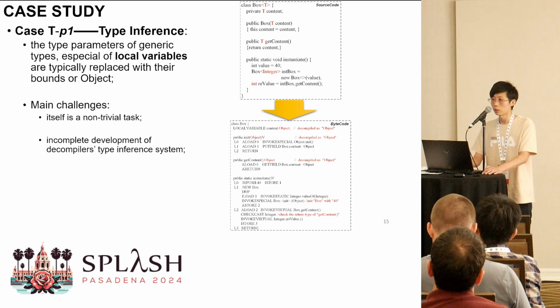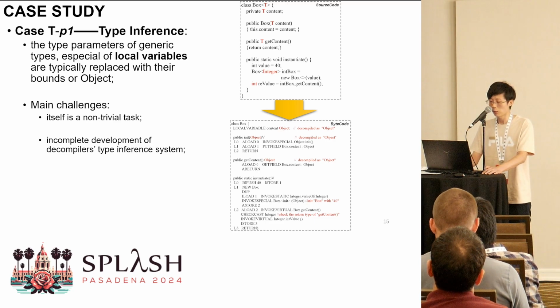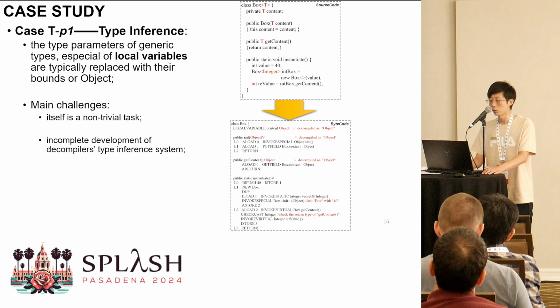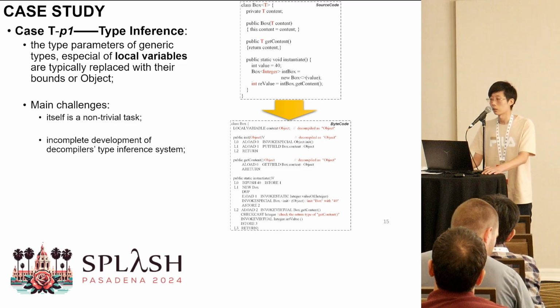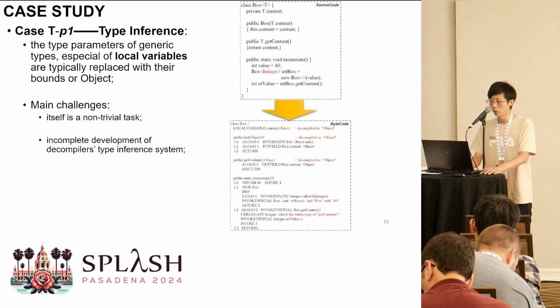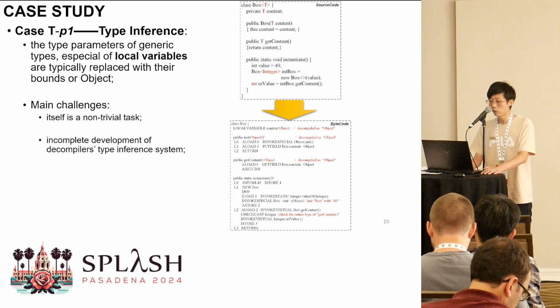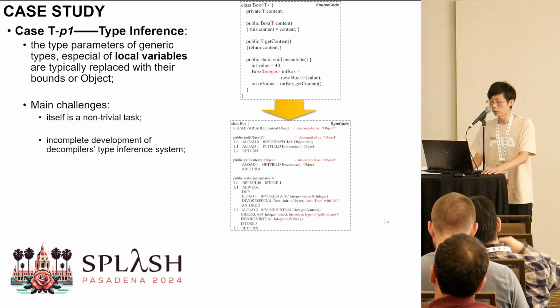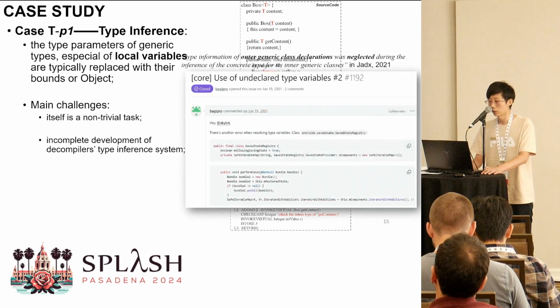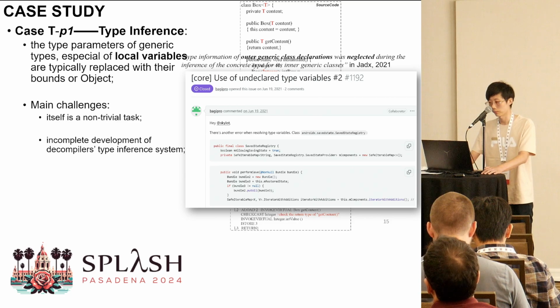So in decompilation, the decompilers should infer what the parameters should be for these generic types according to the data flow associated with these variables, and it is a non-trivial task. Most of the decompilers haven't fully finished their development of type inference systems, which leads to a number of bugs related to type inference.